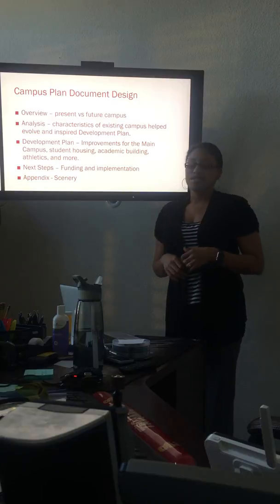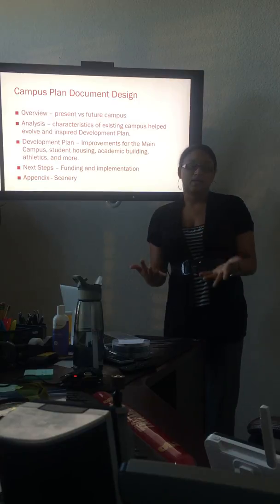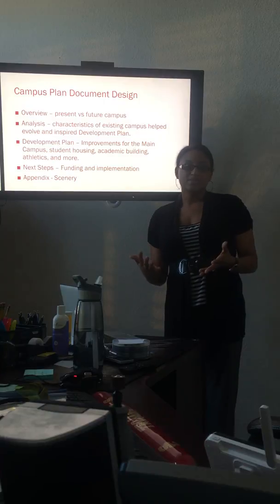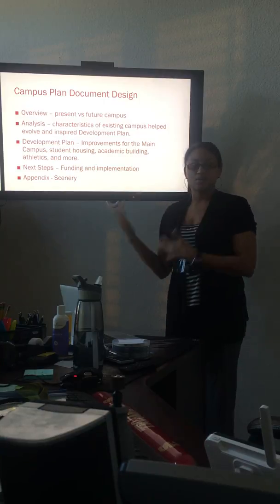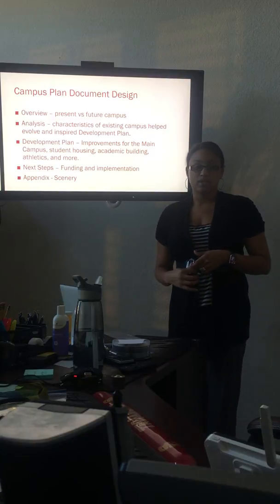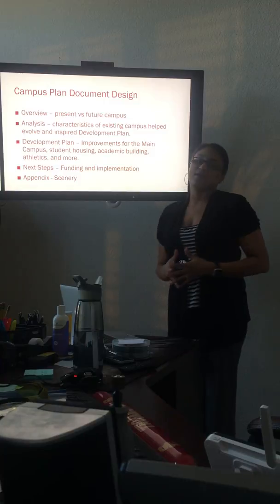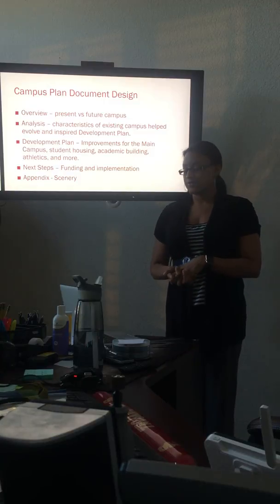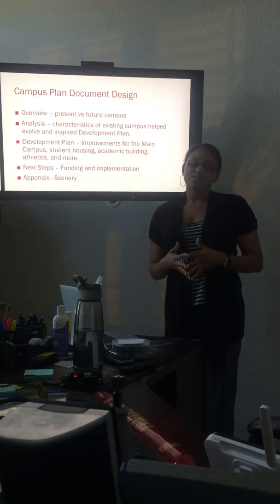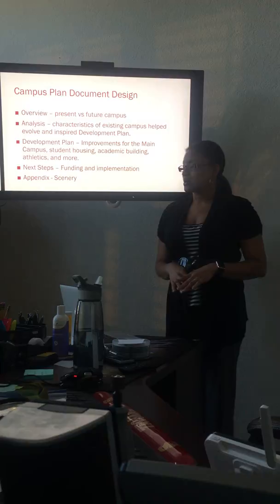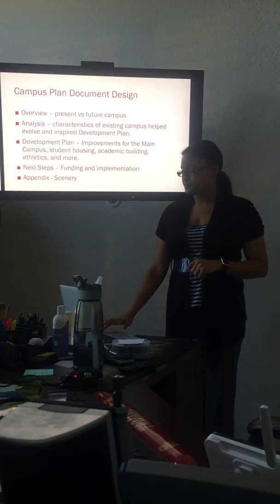Next steps is basically the actual word for it, next steps. After you have an idea, you want to implement this plan and get funding for it, which is exactly what's talked about in this category. I'm going to discuss that as well and critique it based off of the 5 categorizations I just mentioned prior. And then appendix. Appendix is a few pages of just straight visuals, pictures of scenery. It's very, very nice. I'll discuss that on my next slide.